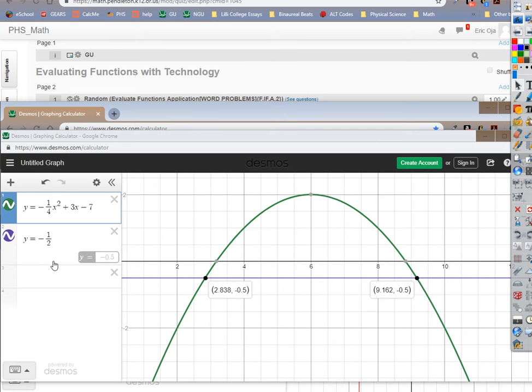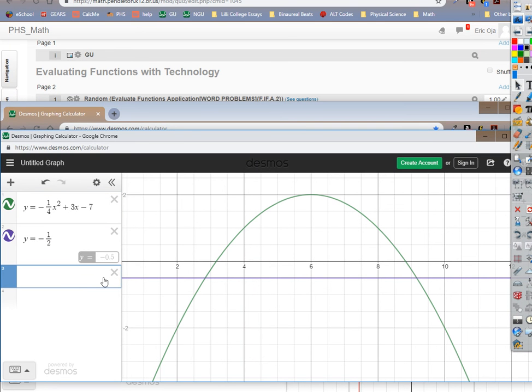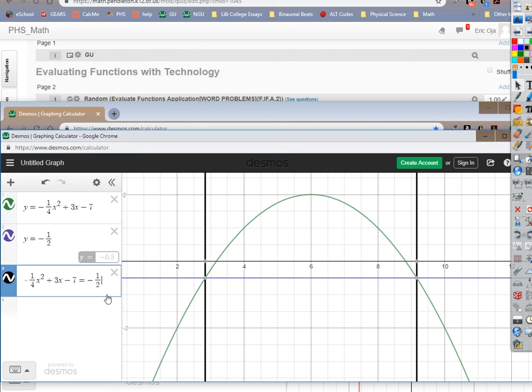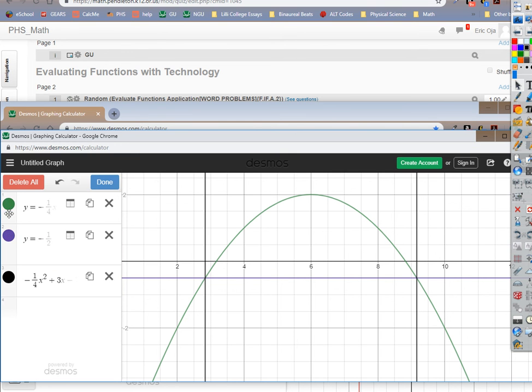Watch what happens if I just graph the equation the way it's written. So it was just written as that stuff equals that stuff. And let's make this red. Okay, what's it do? It's giving me vertical lines, right?